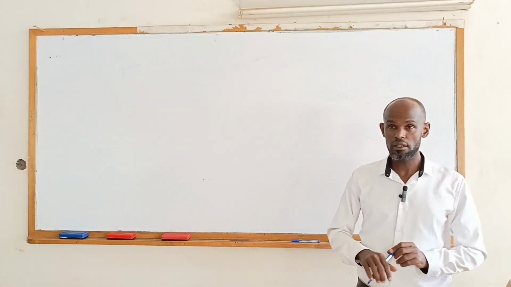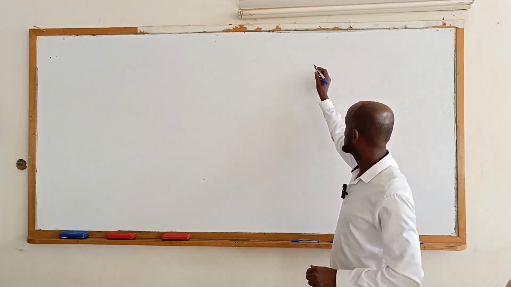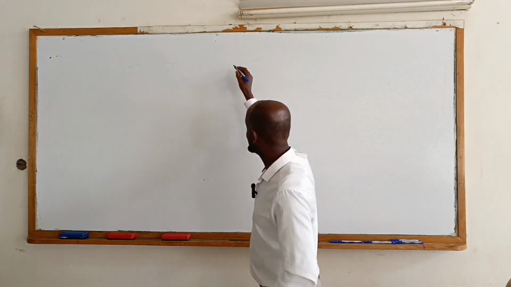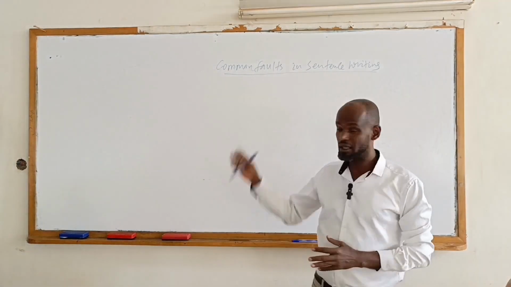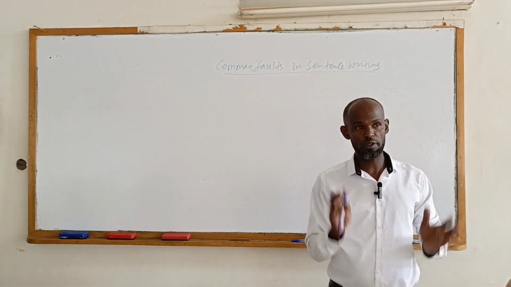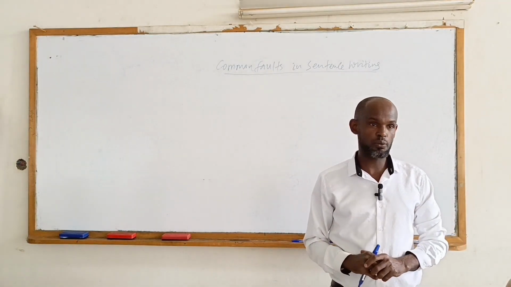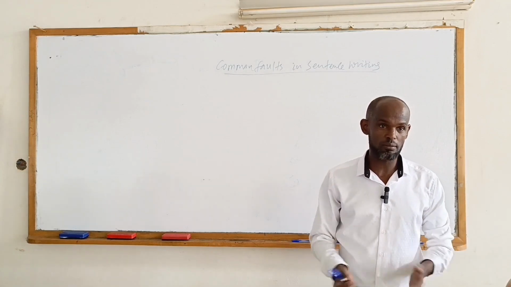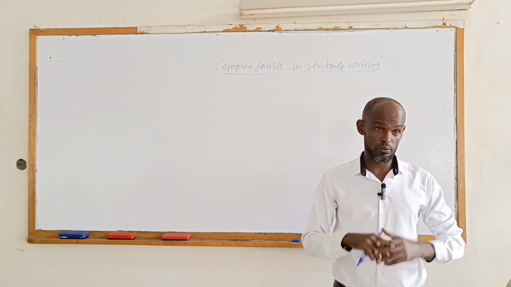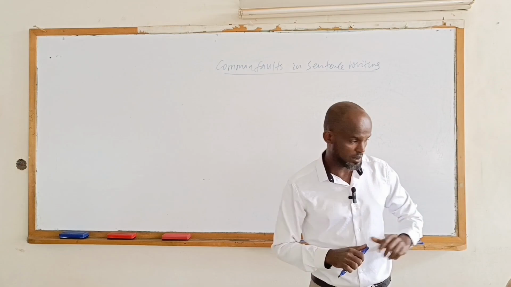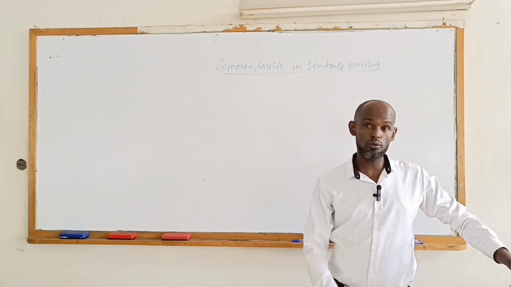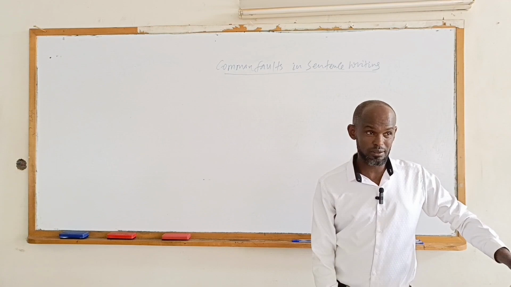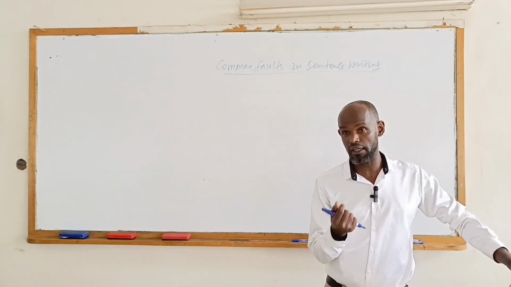Today, we're going to see sentence faults, or common faults in sentence writing. There are common errors which we are expected to familiarize ourselves with and then identify them in our writing so that we can make our writing effective. When we began our class, we said that the issue of writing we are dealing with is not just writing, but effective writing.